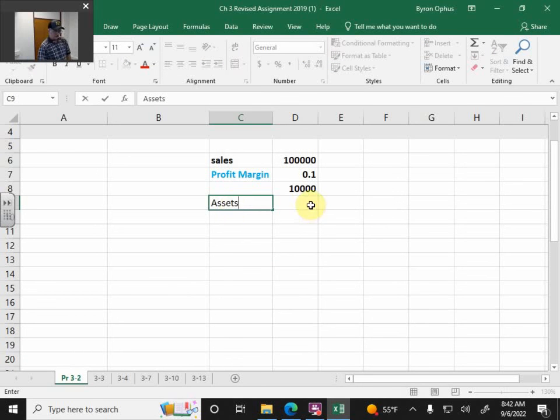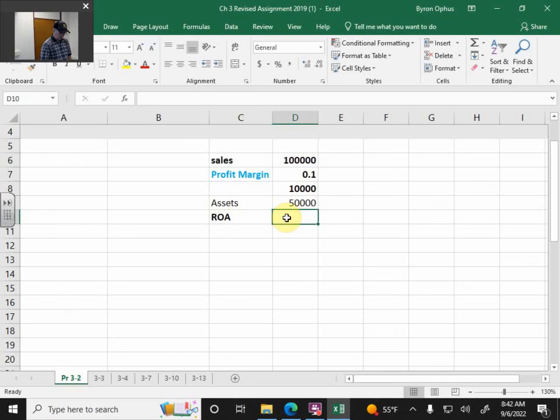I haven't set this up in the order that I probably would. So now what's my ROA? Just equal to my profit divided by my assets, or 20%, right?